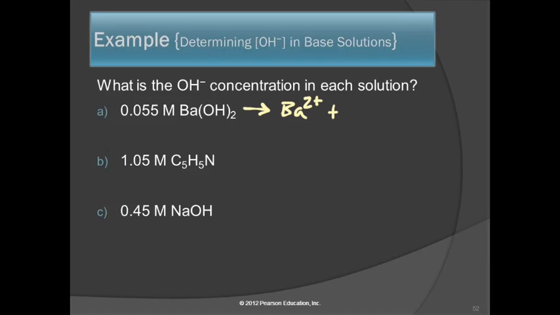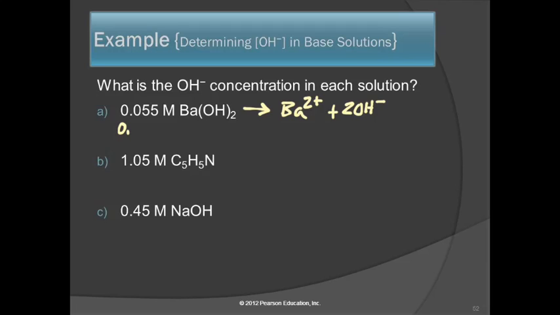And hydroxide ion. How many hydroxide ions do we get? 2 of them. So if we put in 0.055 moles per liter barium hydroxide and it completely comes apart, each one of these makes 1 barium and 2 hydroxides. So what's the concentration of the hydroxide ion then? 2 to 1. It's 2 times the 0.055, right?